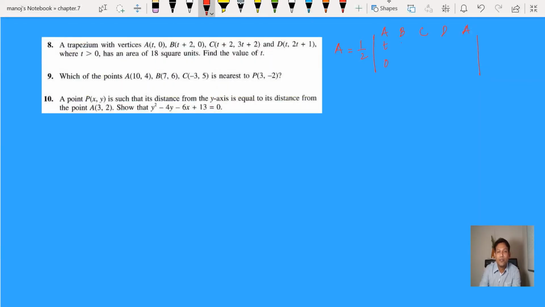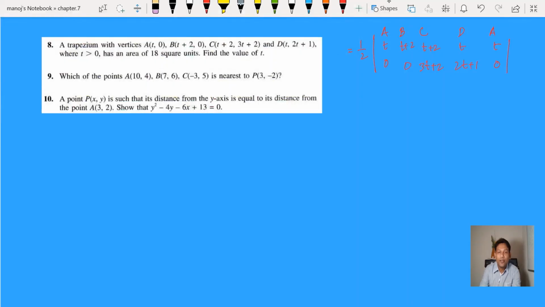B is t plus 2 and 0. C is t plus 2 and 3t plus 2. D is t and 2t plus 1, and again A you have to write t comma 0.